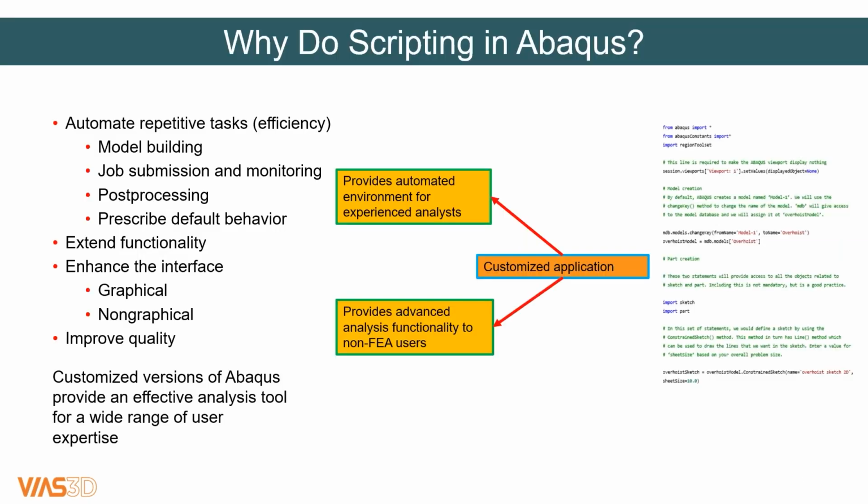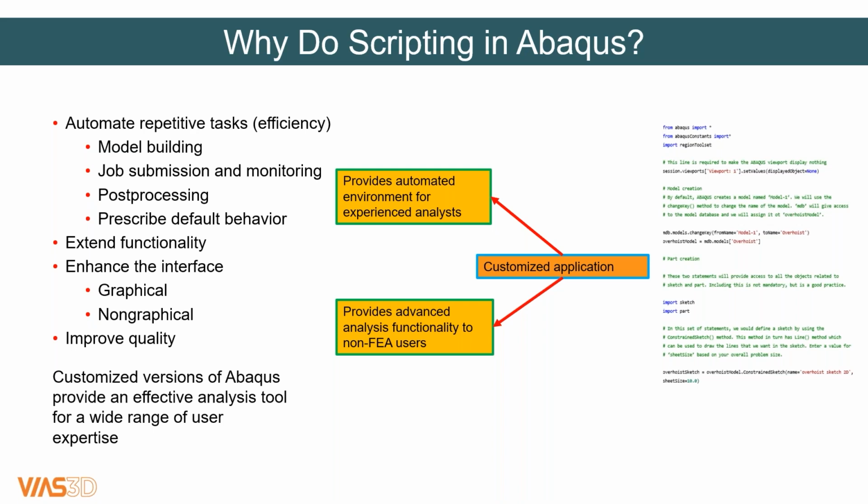So why do we do scripting in Abaqus? On the left-hand side, we have some of the main reasons. We want to automate repetitive tasks. We want efficiency. We can use Python scripting to do model construction, the pre-processing. We can use it to submit our jobs, monitor jobs, and then we can also do post-processing.